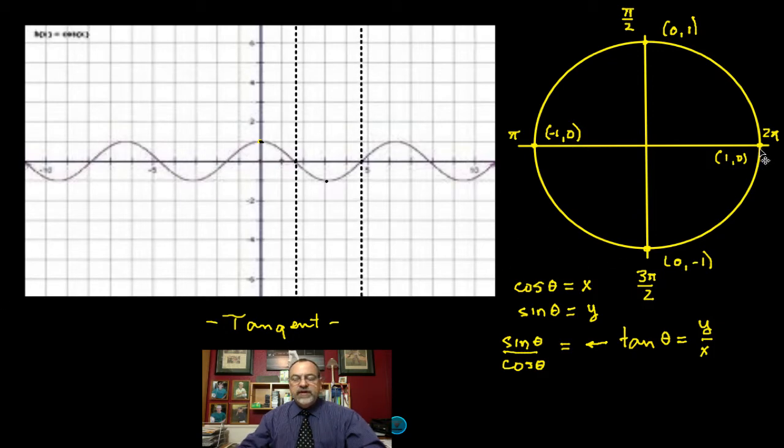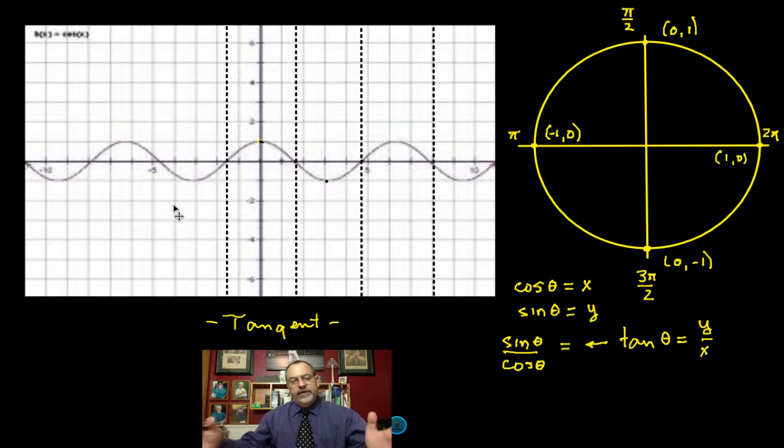Then as we get back around here, the cosine's at 1, and then back at pi over 2 again, it's at 0, so we would have another asymptote. Every place along this graph where the cosine value is 0, we're going to have an asymptote. So this would continue periodically across the board here.